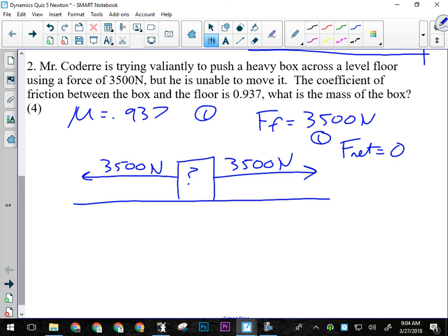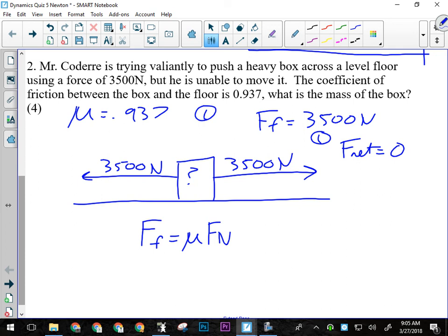All right, now that I know that friction is 3,500 newtons, I can now solve for the mass of the box using this formula. But how am I going to alter it in order to get mass in there? The floor is level. So normal force is equal to the force of gravity.